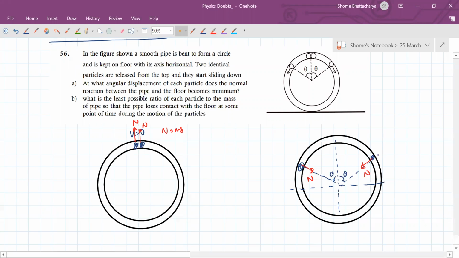So the normal reaction acting on the pipe is outwards, because by now they got speed v.